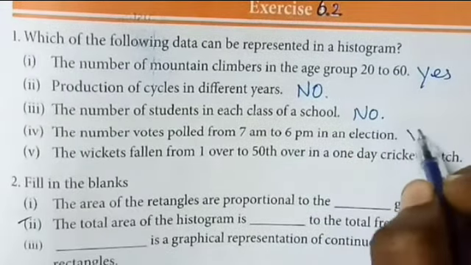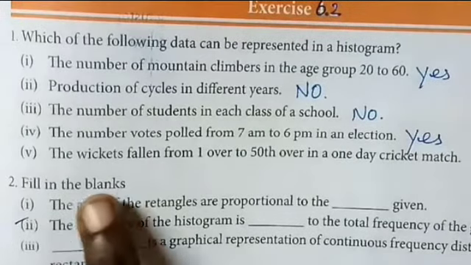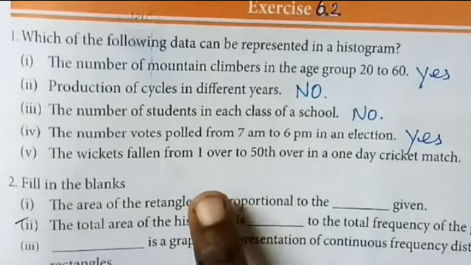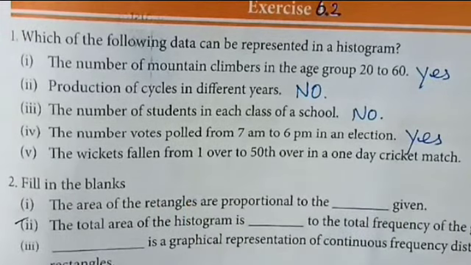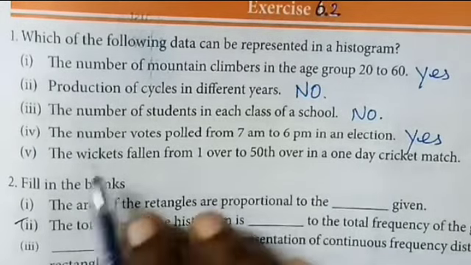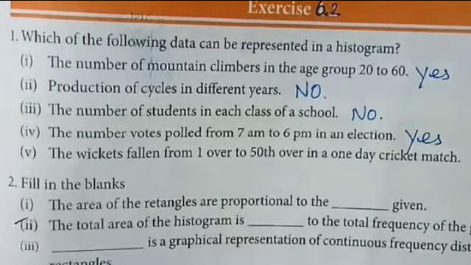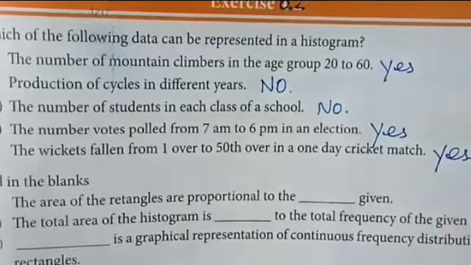Then the wickets fallen from the 1st over to the 50th over in a one-day cricket match. They have given the limit, so we can write yes, and we can draw the histogram. Understand students?